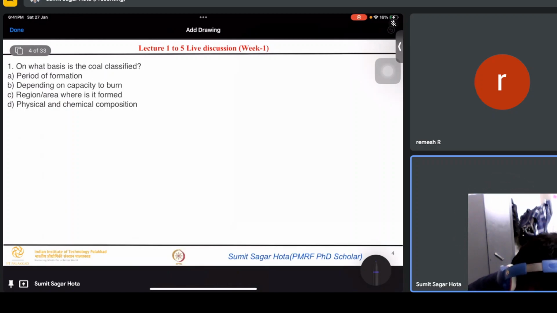Depending upon the physical and chemical composition, we can specify the coal.